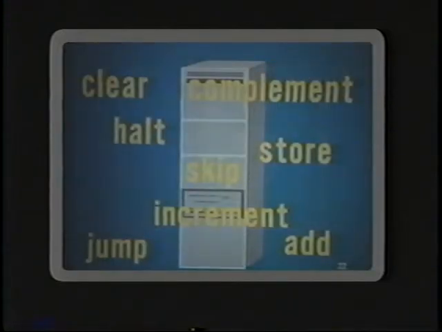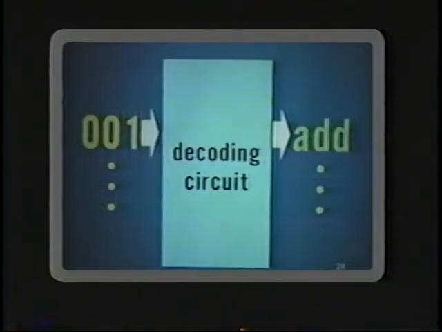As we noted earlier in this lesson, the computer is designed to execute a specific set of instructions. Each instruction in the set has its own unique binary opcode. In this example, opcode 001 designates an add instruction, while opcode 011 designates a store instruction.